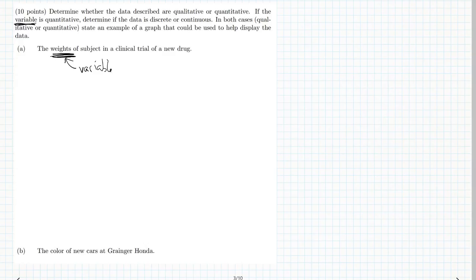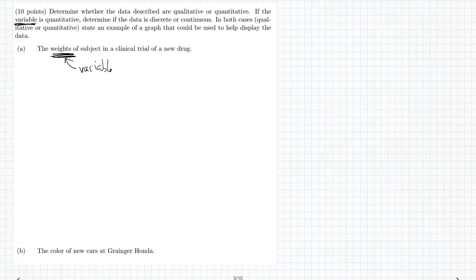So that right there is the variable. Now think about it. Is it a numerical variable or is it a categorical variable? Well, when you think of weights, if we're talking weights of a subject, you could be 100 pounds, we could be 200 pounds, 150 pounds, all sorts of all over the place, 300 pounds, whatever the case may be. But those are all numbers, and they're not numbers in terms of a ranking system like, rate how you feel, or on a scale of 1 to 5.